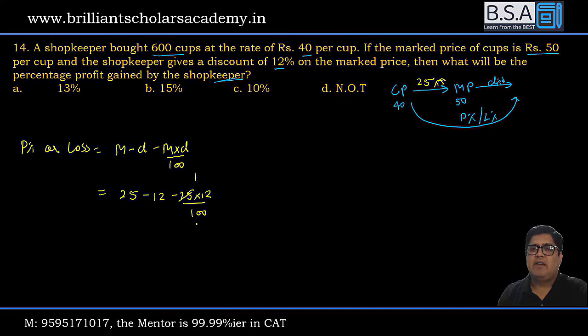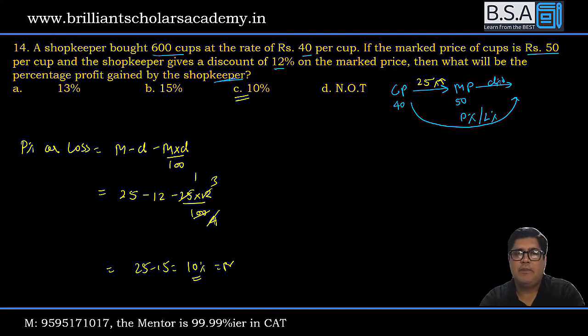This is cancelled 1 times, 4 times, cancelled 3 times. So 25 minus 15 should be 10% profit. Answer option C.